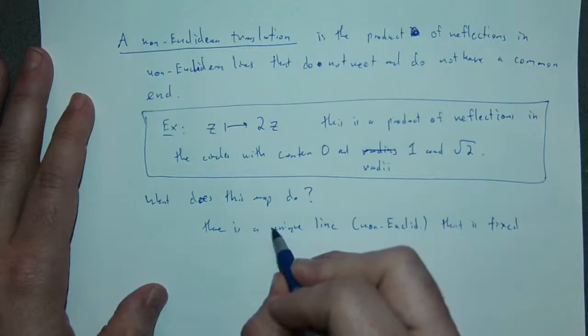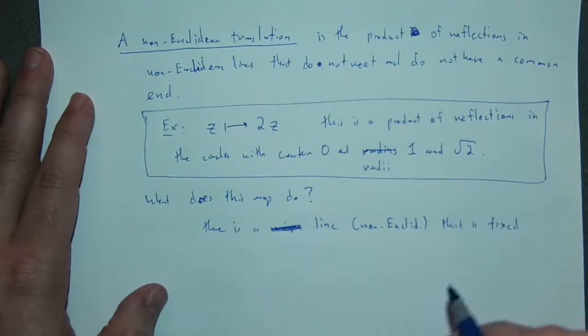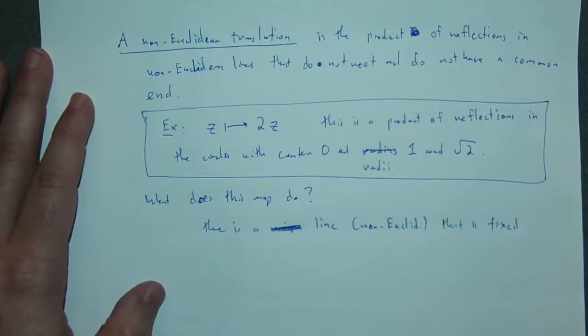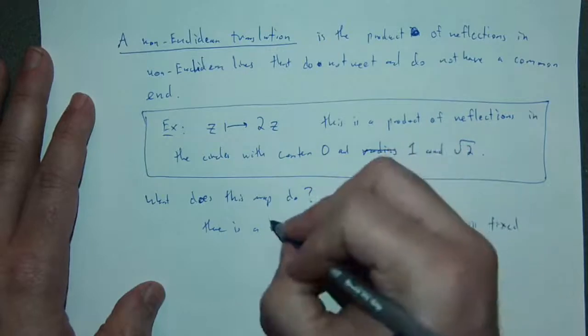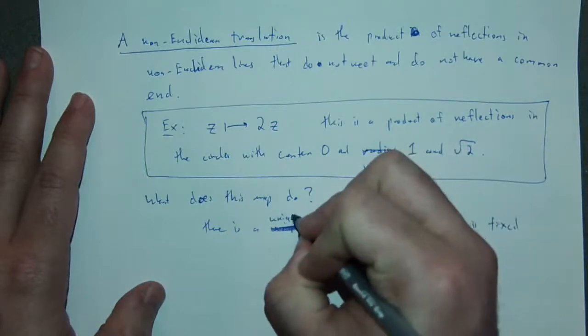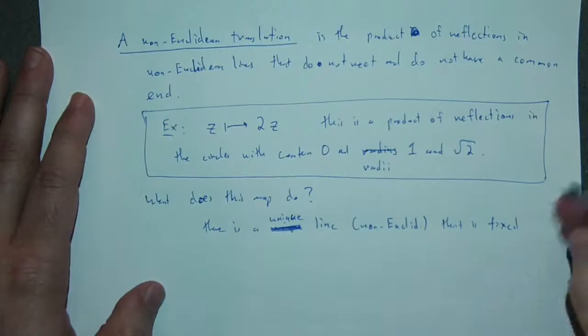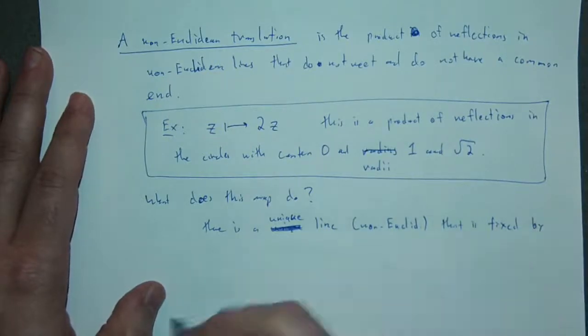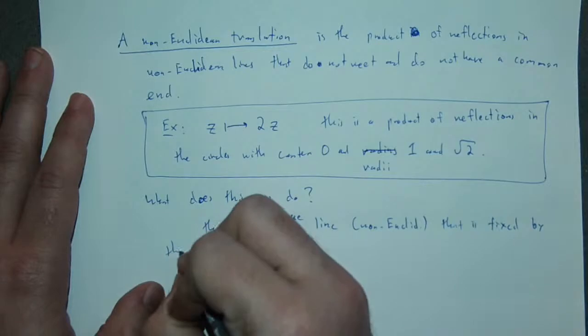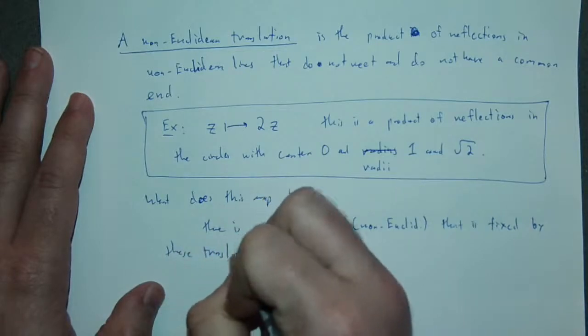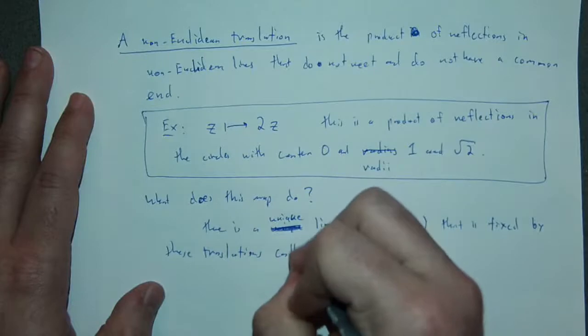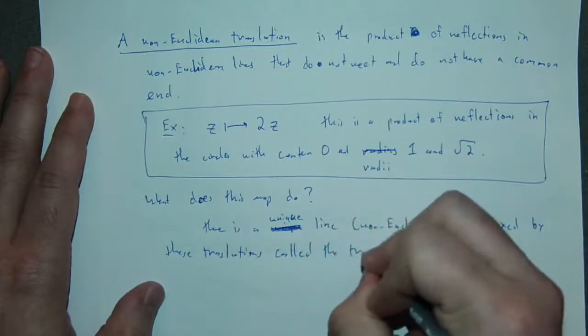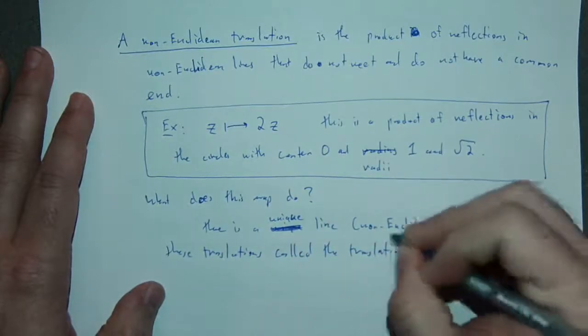Actually, let me think about it for a second. Actually, no, this is the unique line. Okay, here, this is better. So there's a unique non-Euclidean line that is fixed by these translations, called the translation axis. So what I had written was fine.